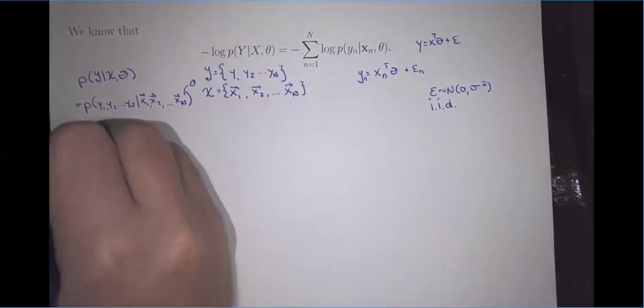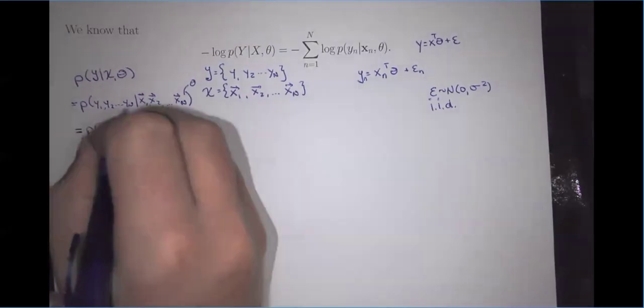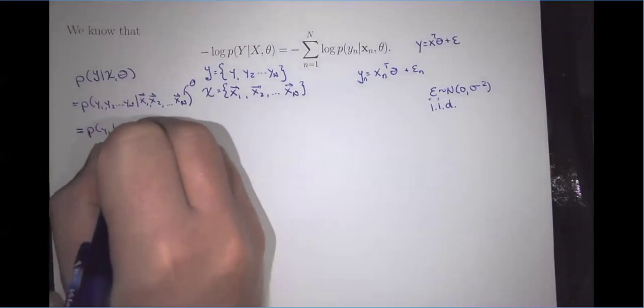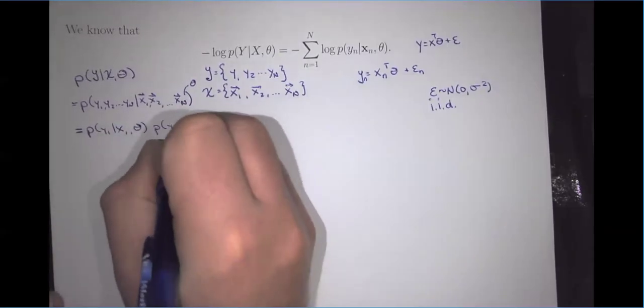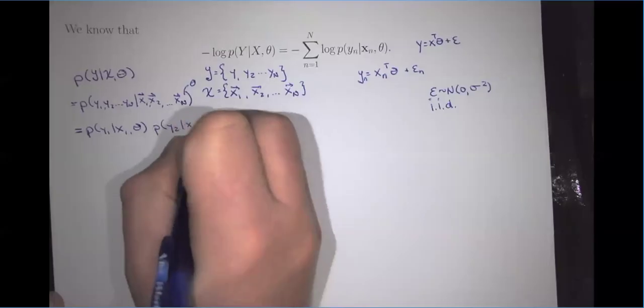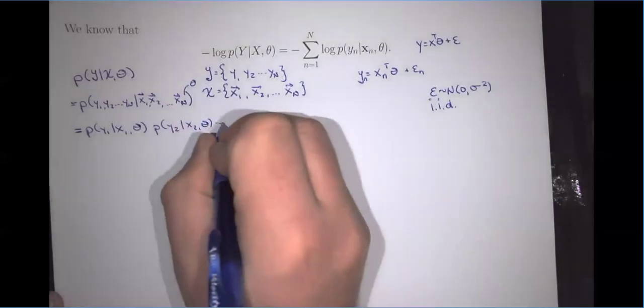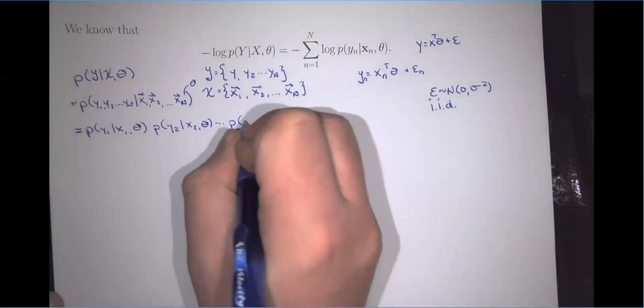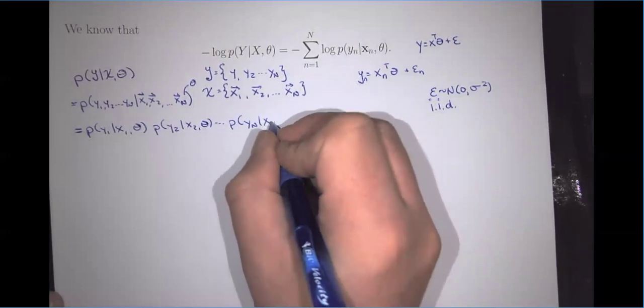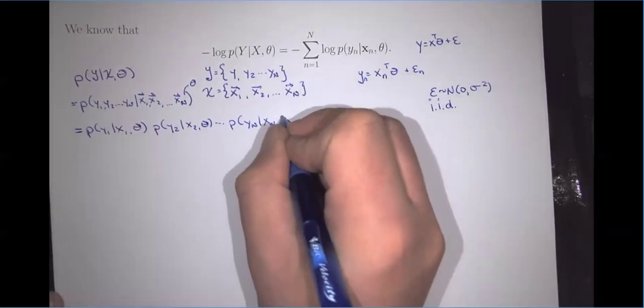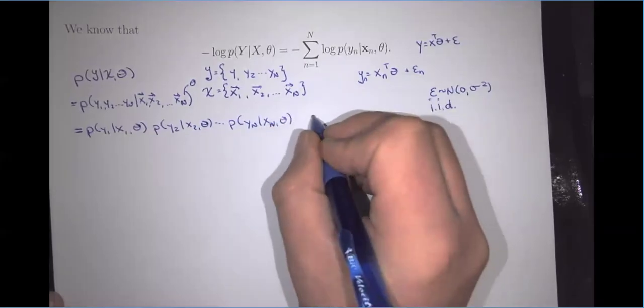So this is going to be the probability of y1 given x1 and theta times probability of y2 given x2 and theta, and so on, probability of yn given xn and theta, because they're independent.